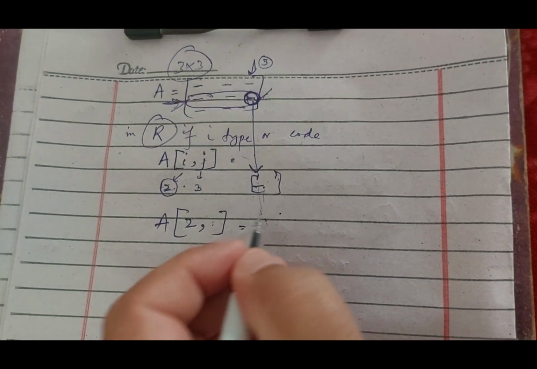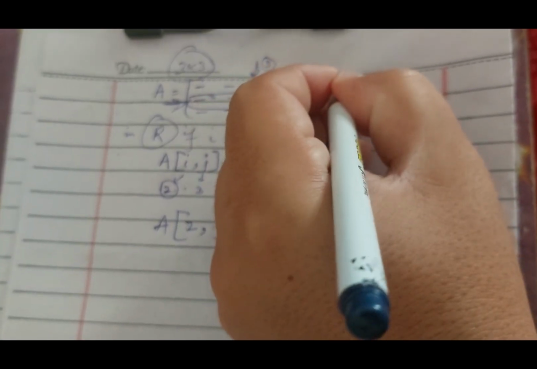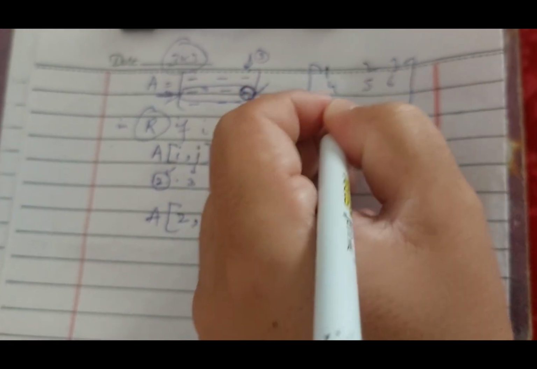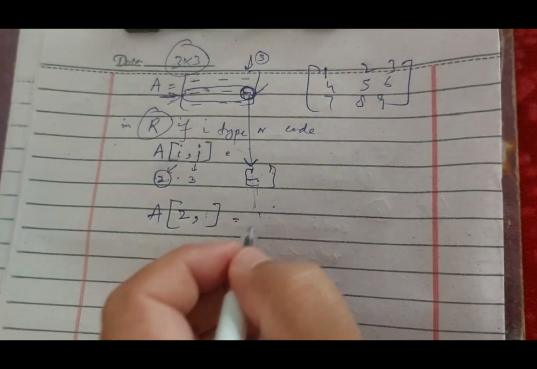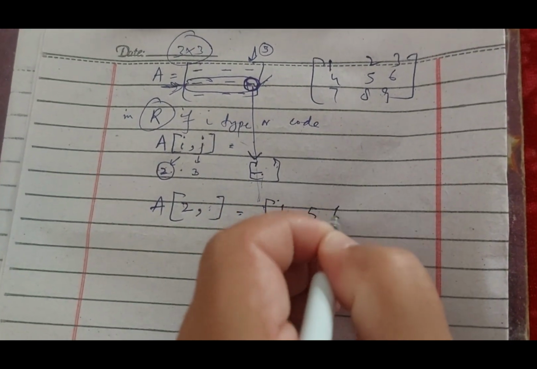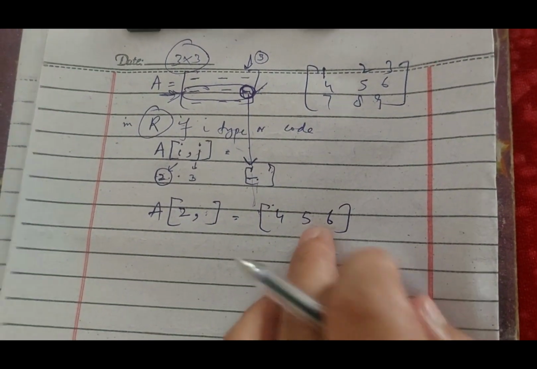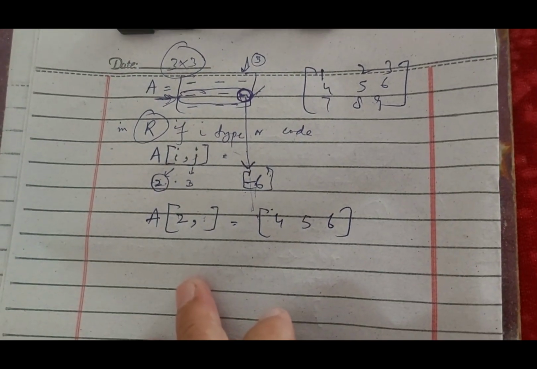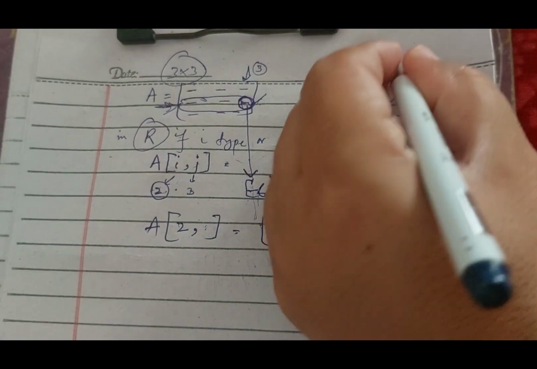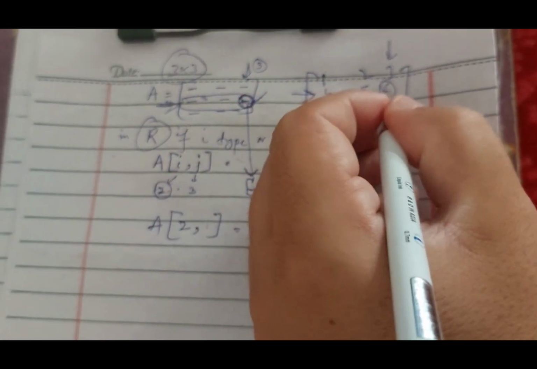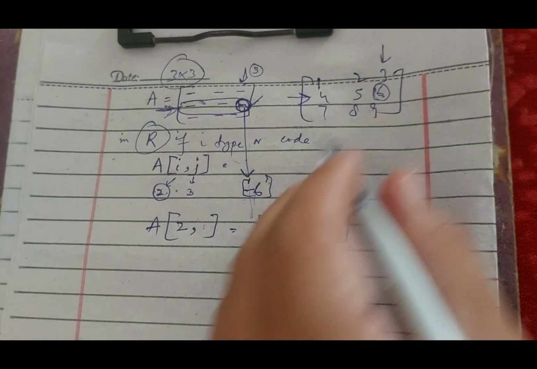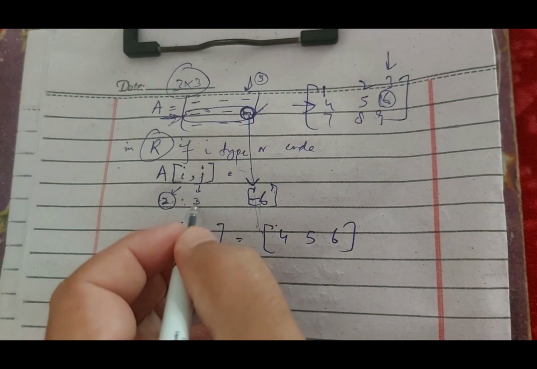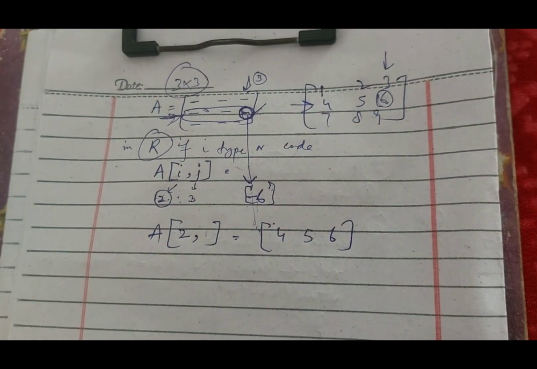For example, if we have a 3 cross 3 matrix with 1 2 3 4 5 6 7 8 9 as elements, it will print 4 5 and 6. In the first case it will print 6 only, because in the third column and the second row we have 6 as the corresponding element. So A square bracket 2 comma 3 will show me the sixth element.